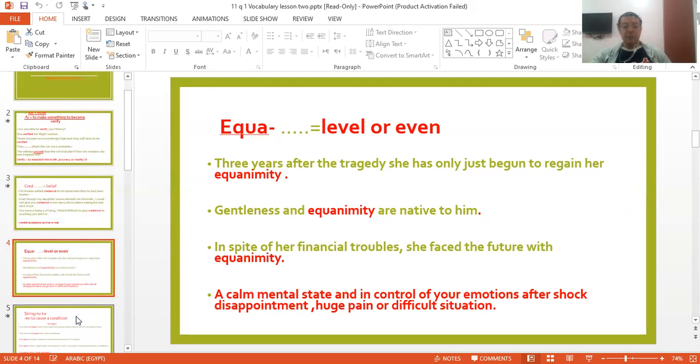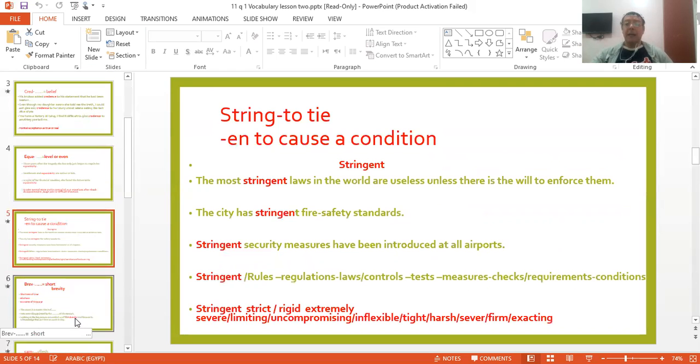Okay, let's now move to another vocab item. Let us say stringent. String means to tie, and in meaning to cause to happen. So stringent means rigid, something rigid or severe or hard, you know? Like when we say the most stringent laws. So these laws are really very strict.